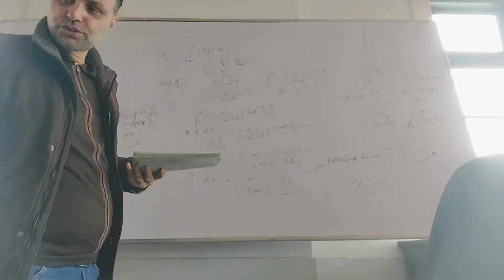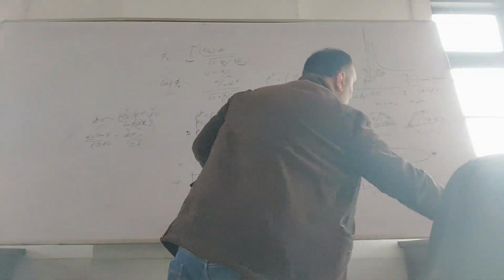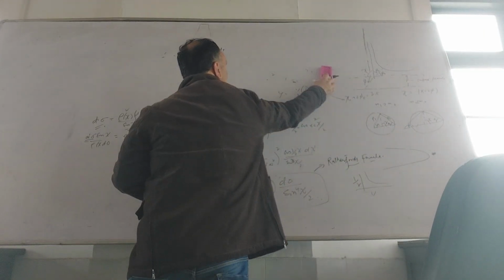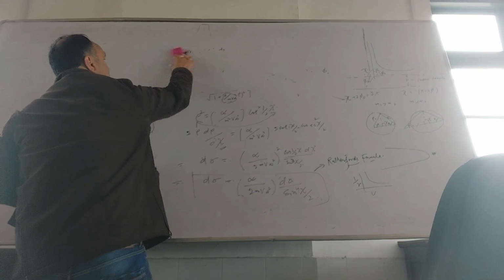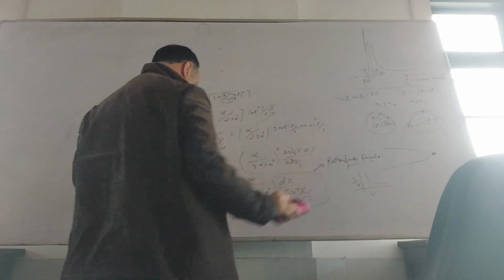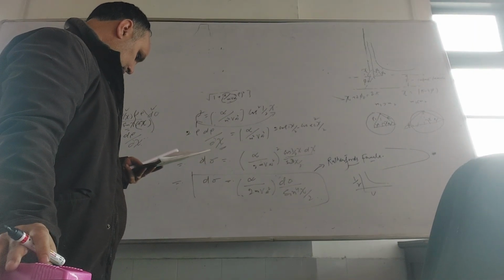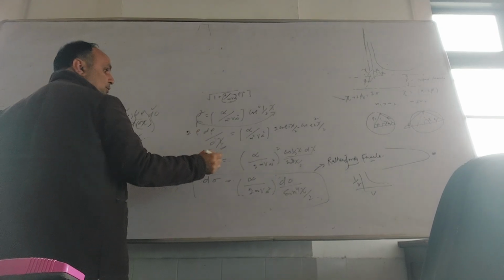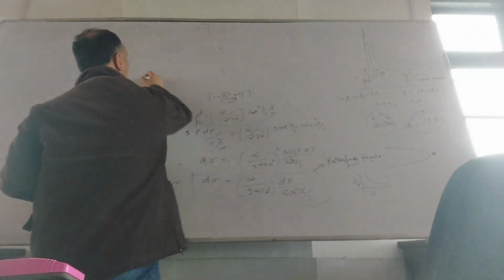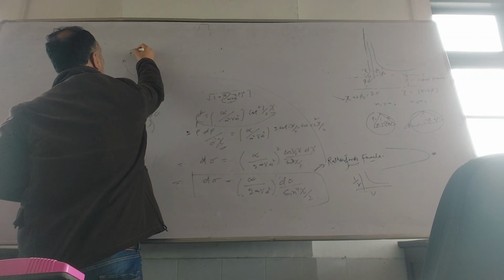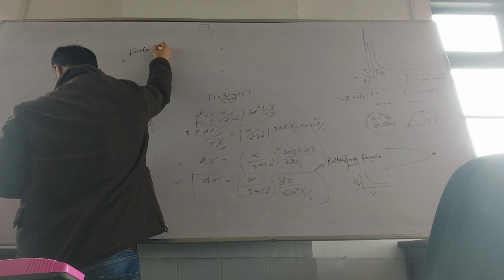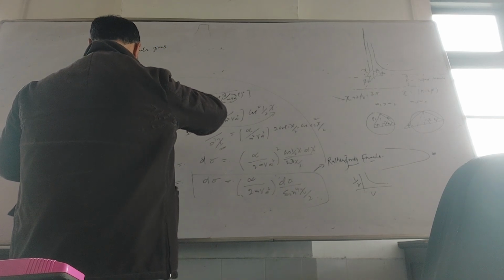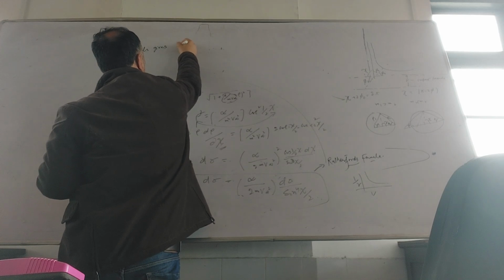So if I use the words of the book, what does this Rutherford's formula give? It gives the effective cross section.